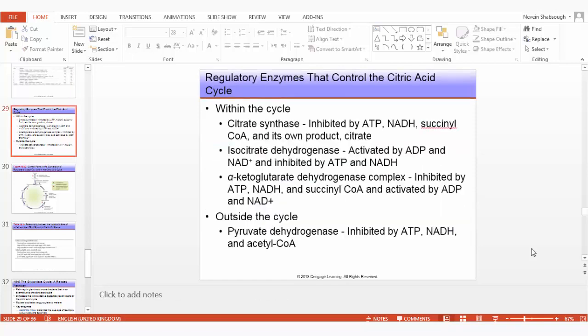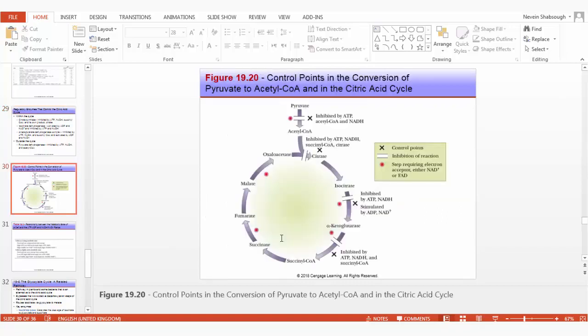Let's start with the regulatory enzymes that control the citric acid cycle. We have 3 within the cycle, as I said, and 1 outside the cycle. If we look at the next figure, it shows us the control points in the conversion of first pyruvate to acetyl-CoA, and then within the citric acid cycle.